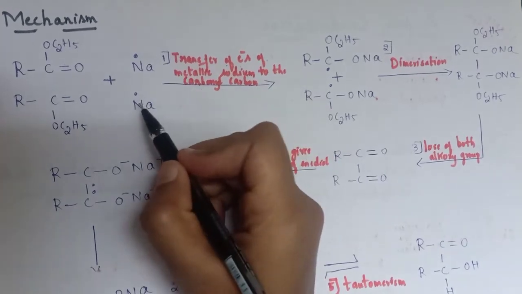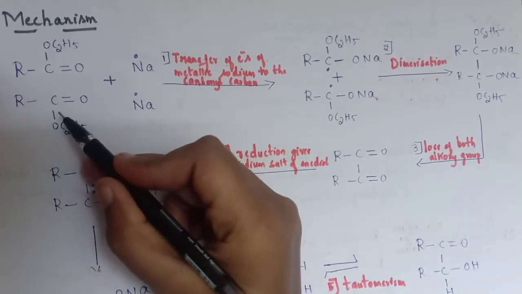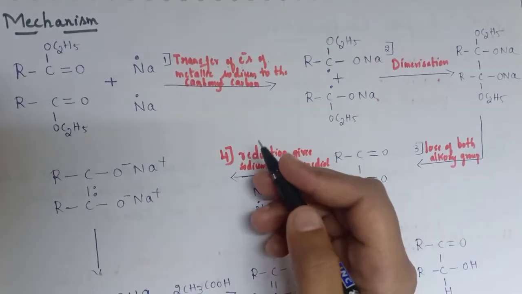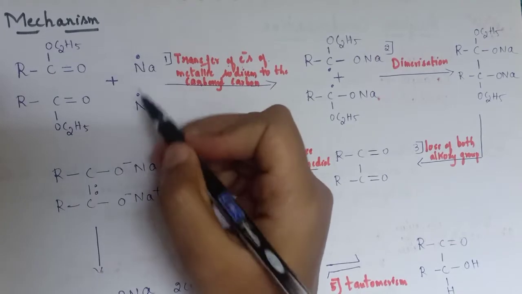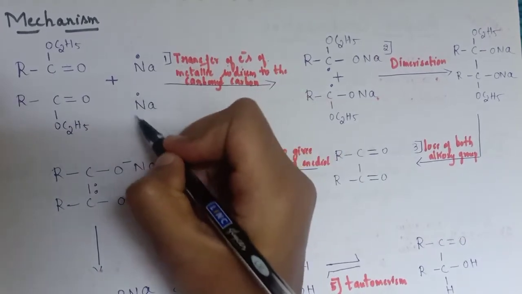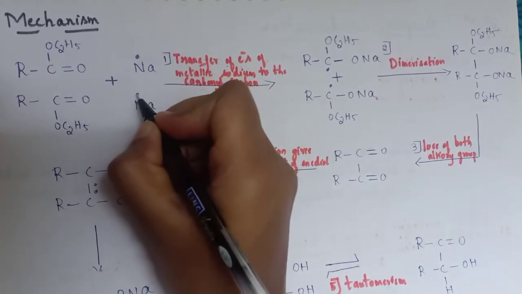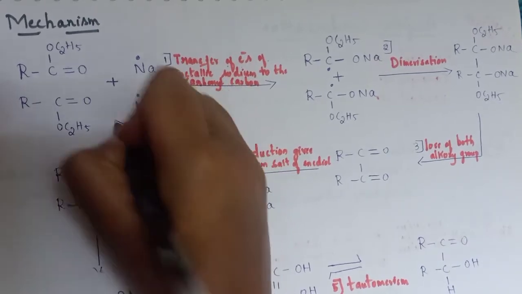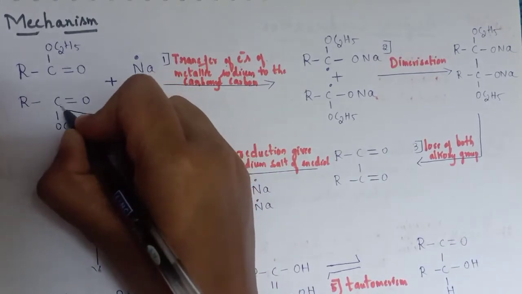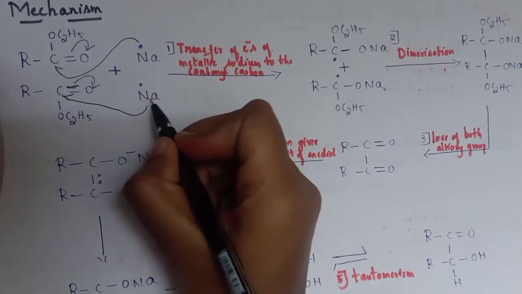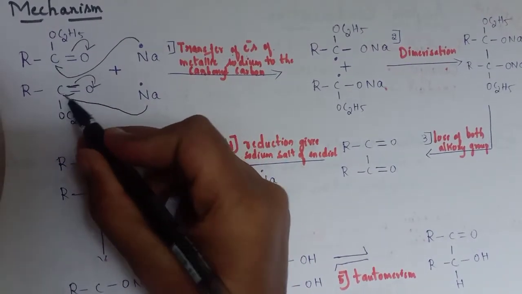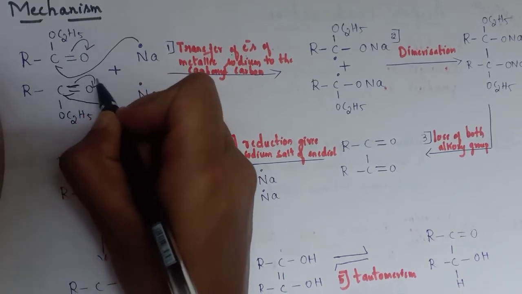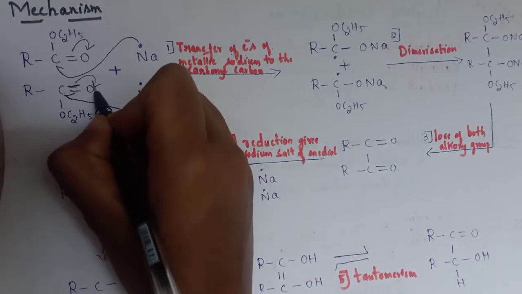So this electron is donated to the carbonyl carbon. This is the first step. Since we have taken 2 Na, here is a Na and here is an electron. The electron is transferred to the carbonyl carbon, and of the double bond, one bond is shifted to the oxygen.